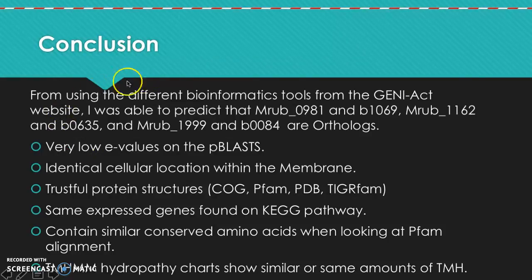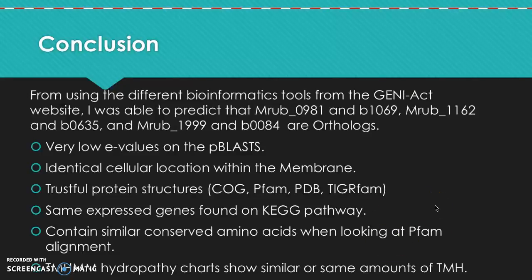So basically, in conclusion, from using the different bioinformatics tools from the GenieAct website, I was able to predict that MRUB 0981 and B1069, MRUB 1162 and B0635, and MRUB 1999 and B0084 are orthologs.